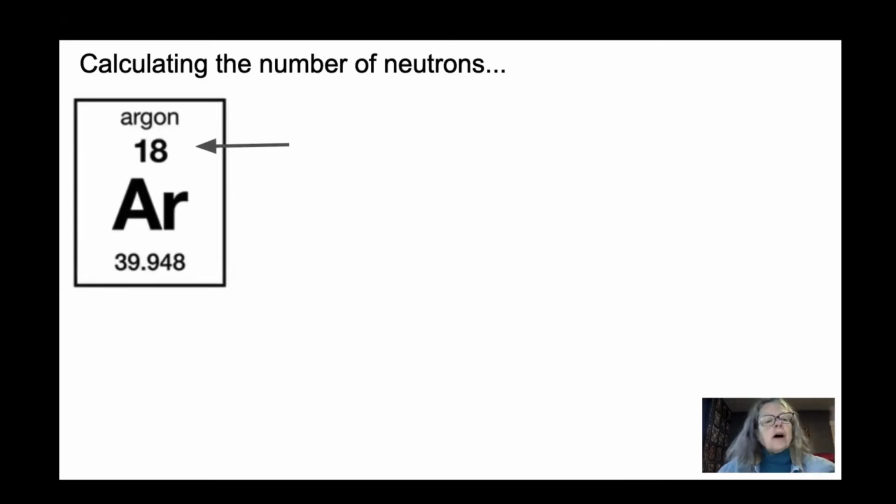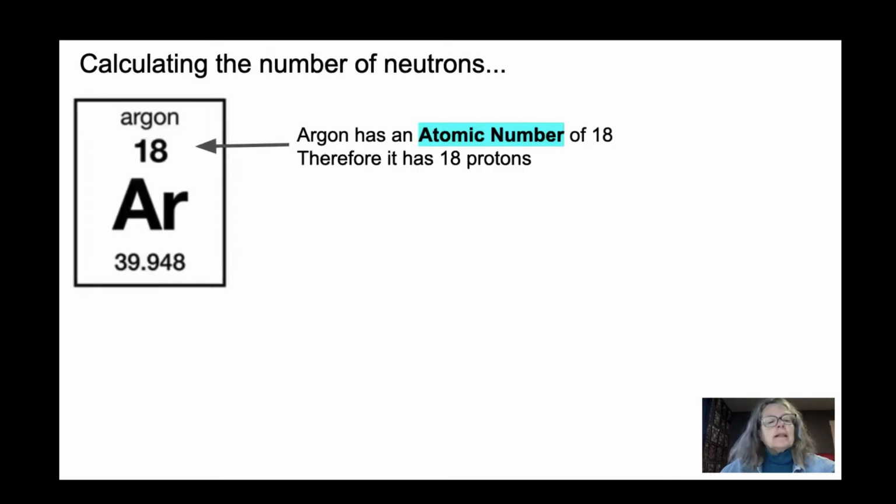So I just picked up argon here. Argon has an atomic number of 18, which means it has 18 protons. Looking down, the atomic mass is 39.948. By the way, the units on that number are called atomic mass units.